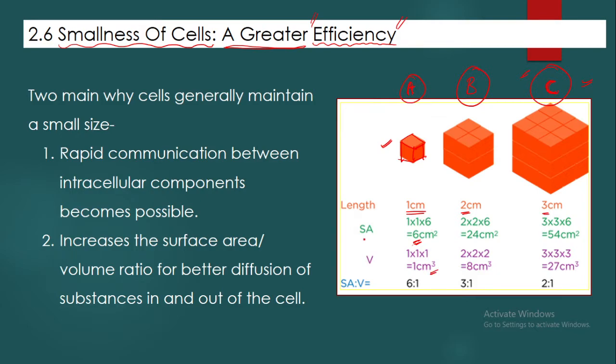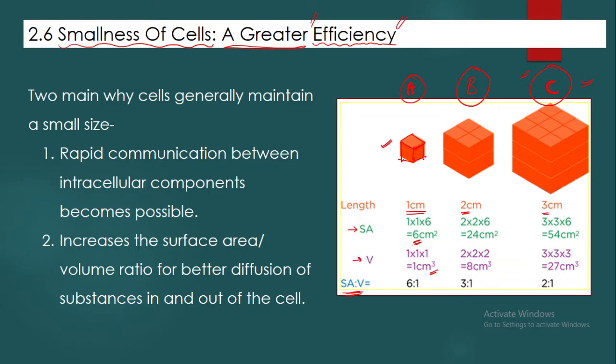So we are looking at both the surface area and volume, and then we look at the ratio, the surface area to volume ratio. That means, for a given volume, how much surface area is coming.